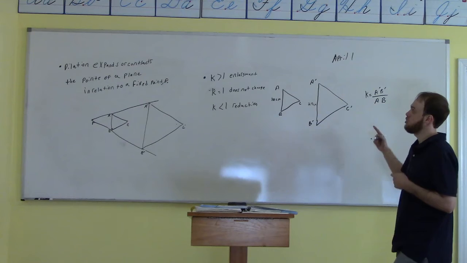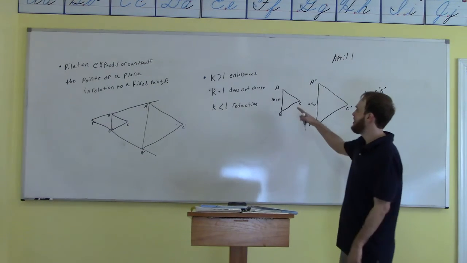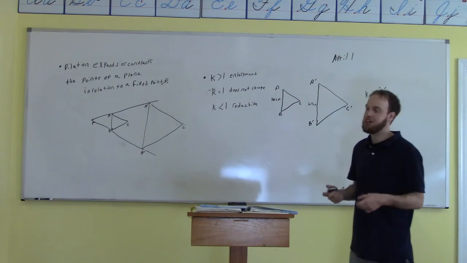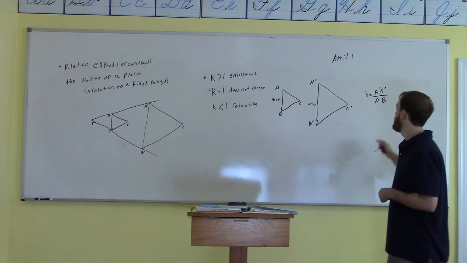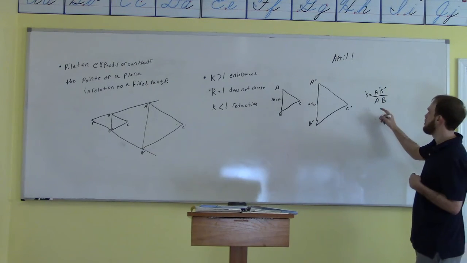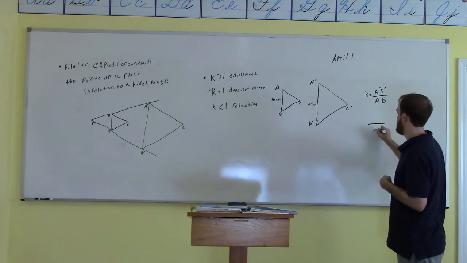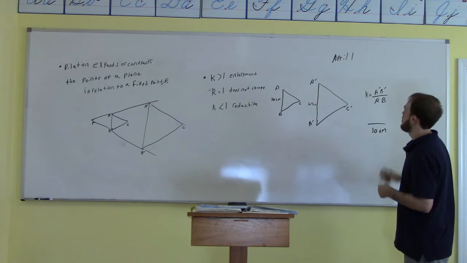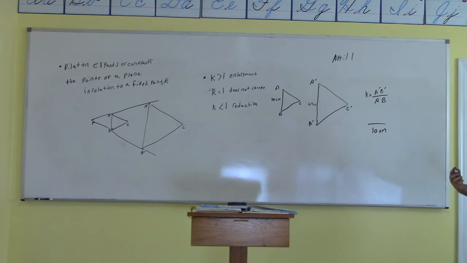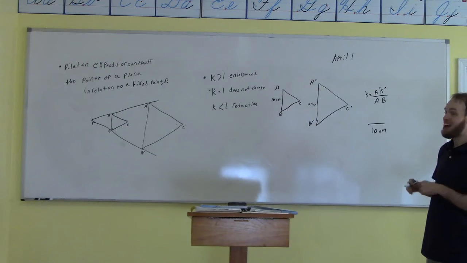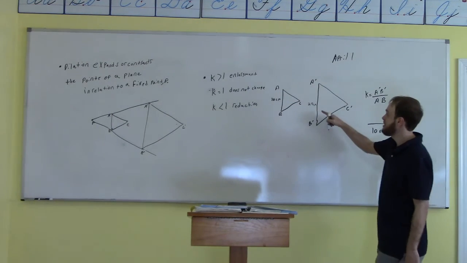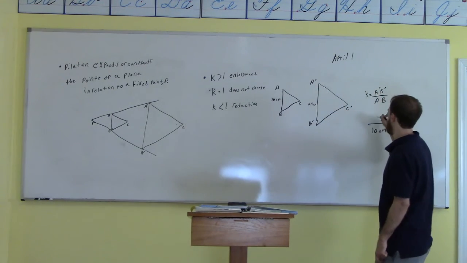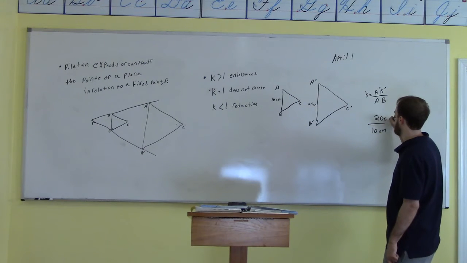So if I look at this problem up on the board, I said that the distance for AB, the original image, was 10 centimeters. So when I go to find K, the bottom number will be 10 centimeters. Now the top number is going to be A prime, B prime, that distance, and that distance became 20 centimeters.